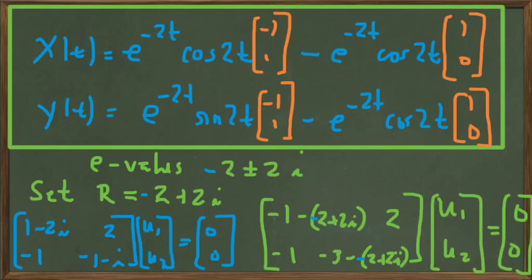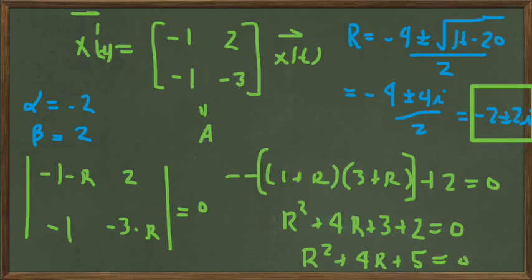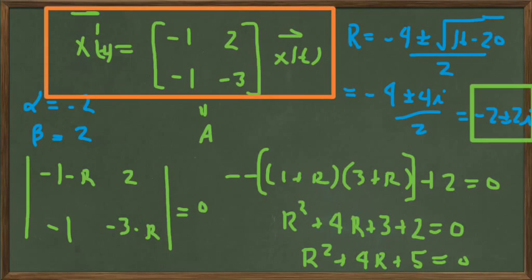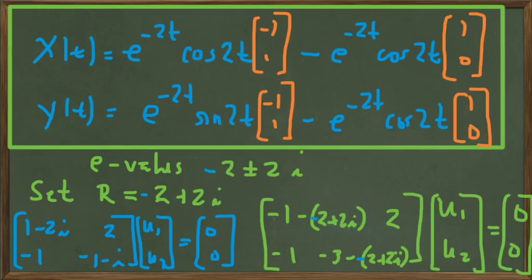And so we now have the solution of this differential equation, which has eigenvalues minus 2 plus or minus 2I, and eigenvectors we just saw were what?